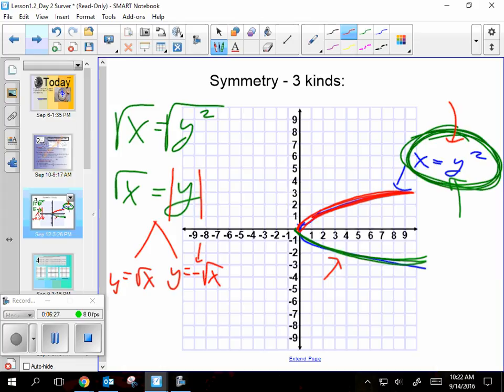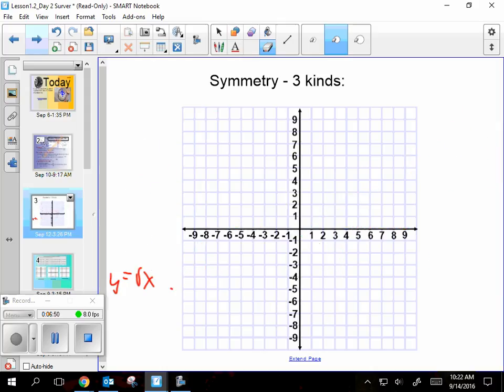Okay. So now back to what were we doing here? We were talking about symmetries. So we don't require our things to be functions in the first place to have symmetry. This has symmetry across this line, which is symmetry across the x-axis. The old-fashioned parabola has symmetry across the y-axis.